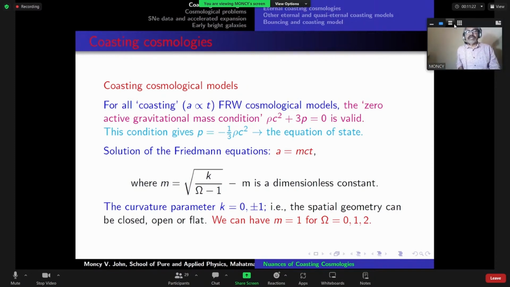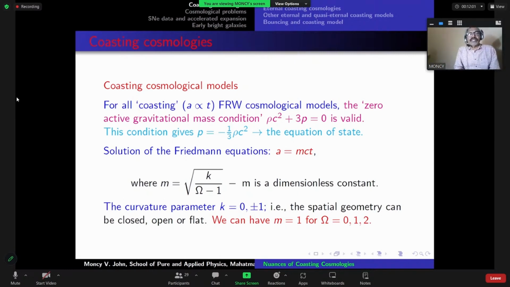Similarly, when omega equal to 1, k should be equal to 0, so there is a possibility for m equal to 1. And for omega equal to 2, k is equal to +1. So in these three cases, we have m equal to 1. But in other cases, m is a free parameter. It can take nearly infinite values as omega tends to 1.